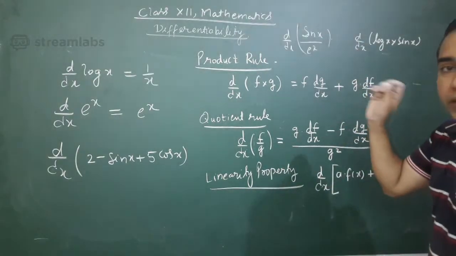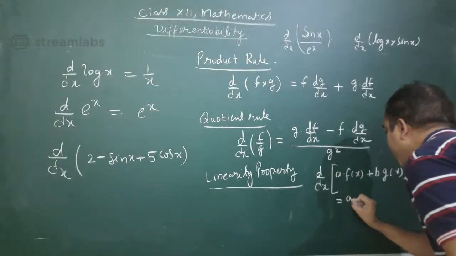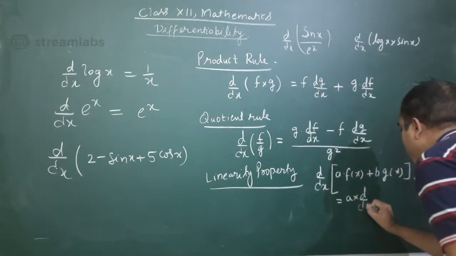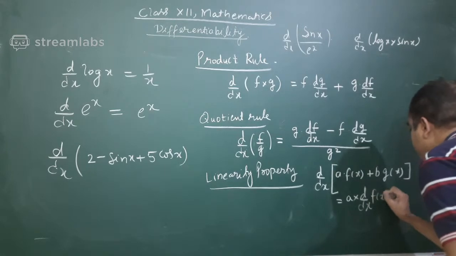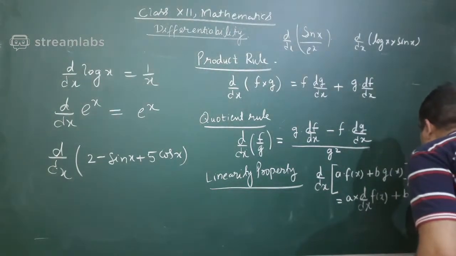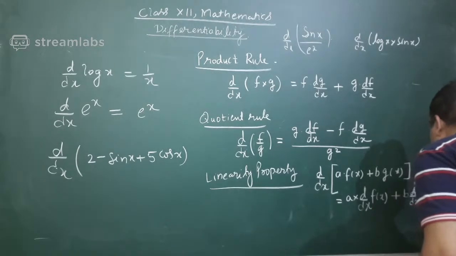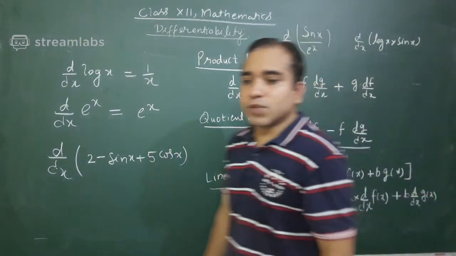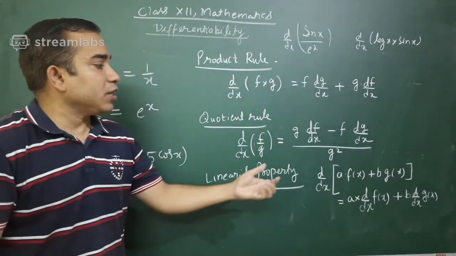Are arbitrary constants. Then this is equal to a multiplied with d upon dx of f(x) plus b multiplied with d upon dx of g(x). Okay, so this is what this is called as linearity property.